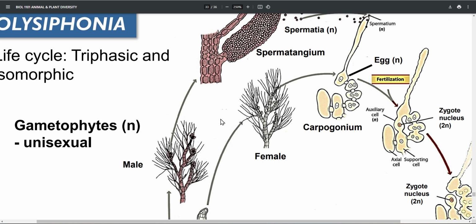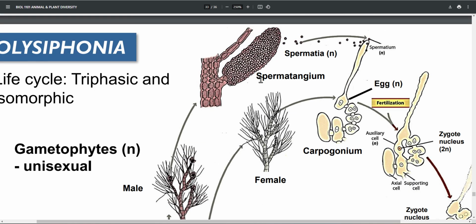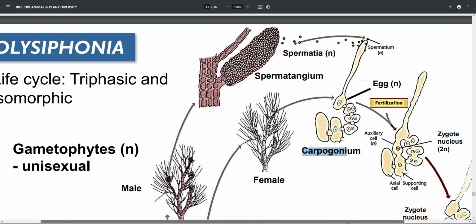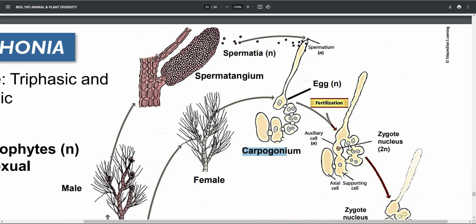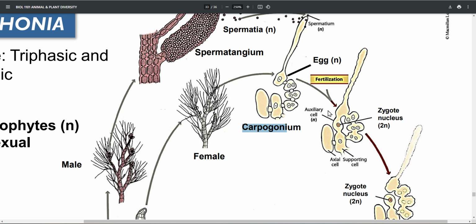It cannot produce egg and sperm at the same time. So the male will have the spermatangium, which produces spermatia, which is sperm, and the female will have the carpogonium, which produces the egg, and then fusing, and then fertilization.